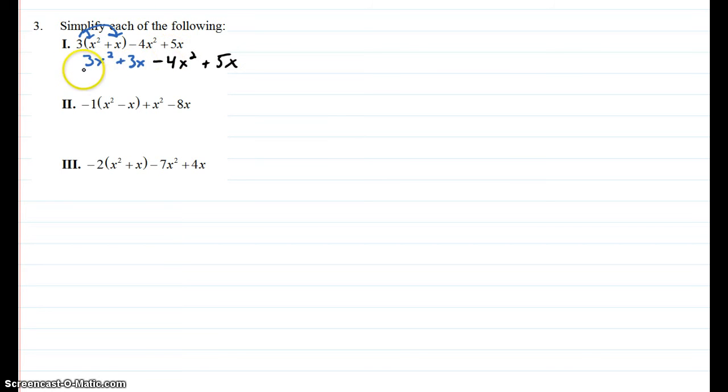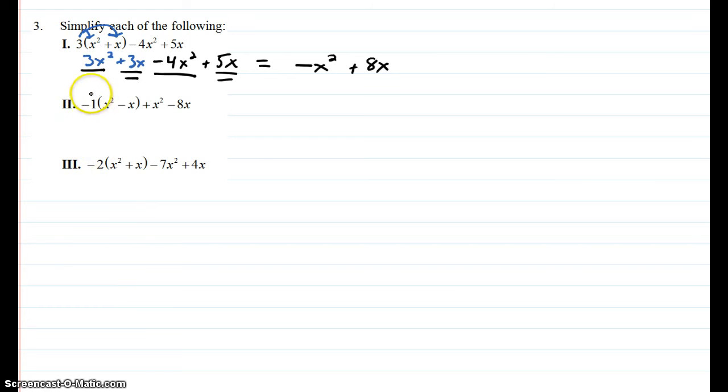So now we combine our like terms. We have a 3x squared minus 4x squared, and so it gives us -x squared. And then we have a 3x plus 5x, so that gives us 8x. So that's our answer for the first one.